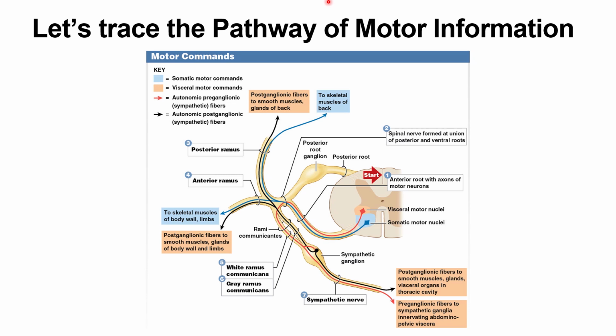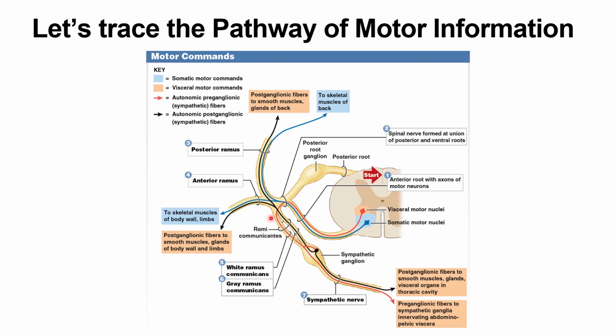Now, before we move on, just to clarify, because we do have this synapse of information at the sympathetic ganglion, we do, of course, change from our orange color, which is going to carry our autonomic information in the preganglionic sympathetic fibers. And then we have information after the synapse being carried by the postganglionic sympathetic fibers.